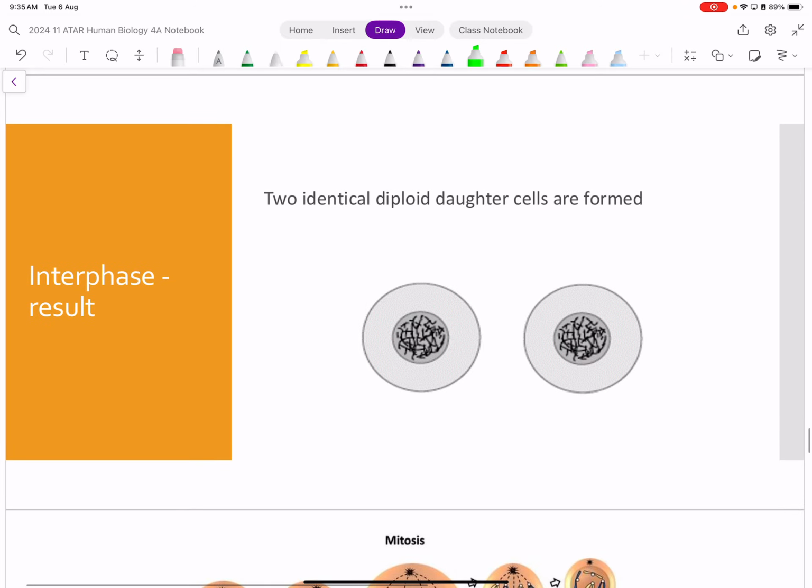So the final result, after we've undergone telophase, where our nuclear membrane has reformed, and we've undergone the process of cytokinesis, we end up with two identical diploid daughter cells. So let's break that down. 2, the number of cells that are produced. Identical, they share the same genetic information.